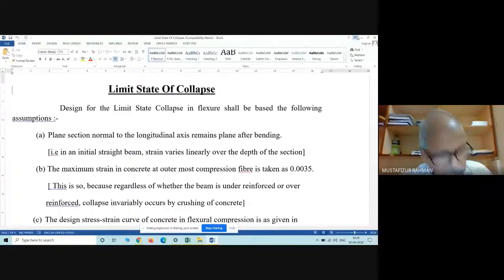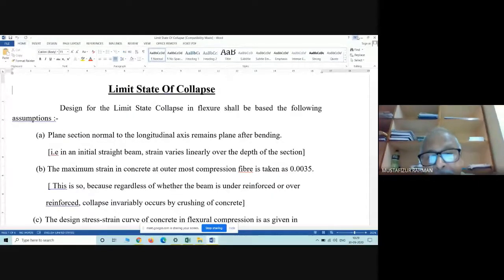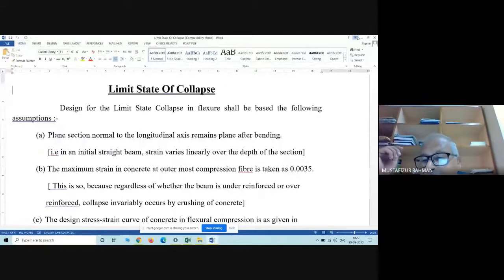The maximum strain in concrete at the outermost compression fiber is taken as 0.0035. Again, this is an assumption. Before entering inside, I have to talk about one thing. At the beginning we said that we considered the strength of concrete, whatever resistive force we get at the end of 28 days.